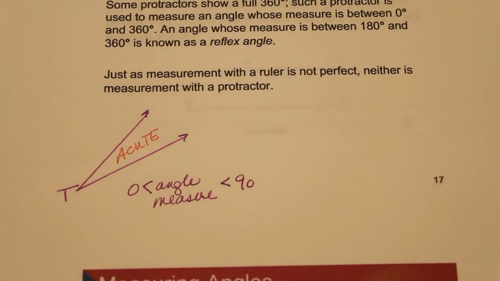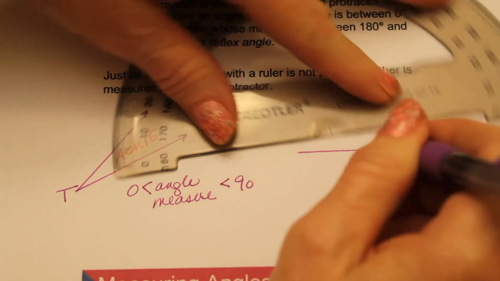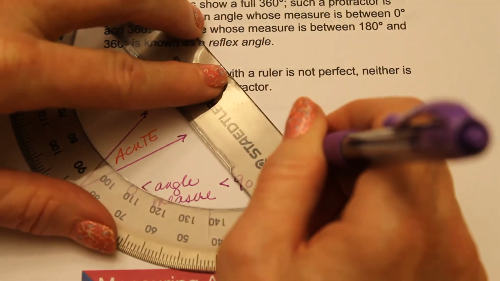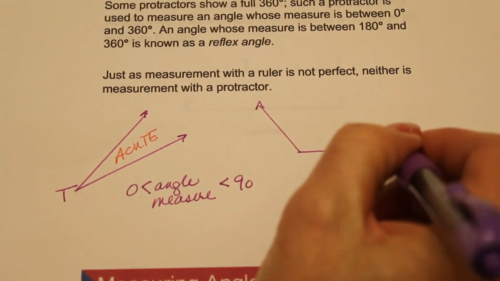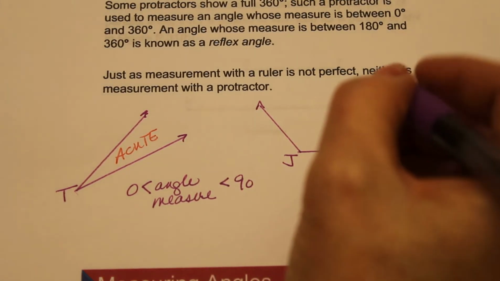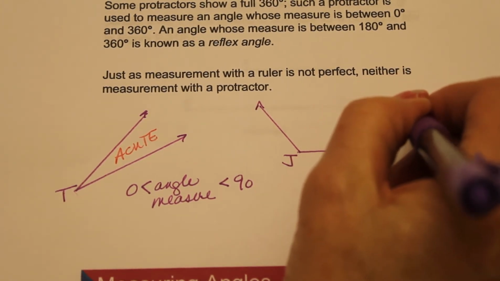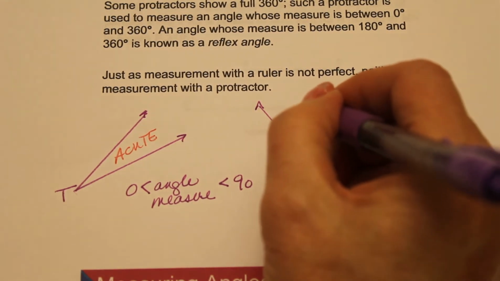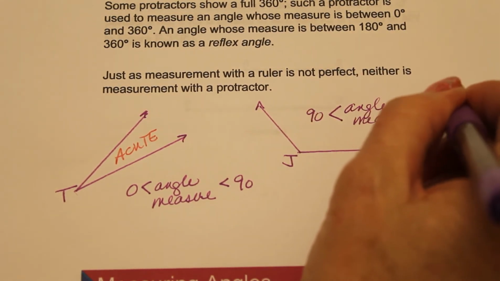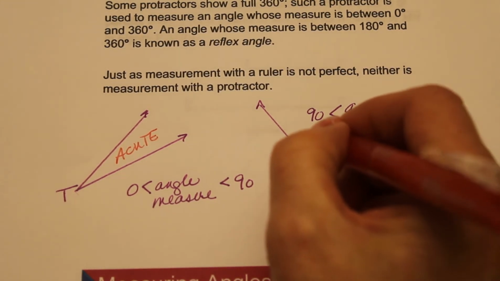Measure between 0 and 90. You might have an angle that looks like this. We'll call that angle J. Here the angle measure is actually greater than 90, but it's less than 180. 180 degrees is a straight line. We would call this obtuse.